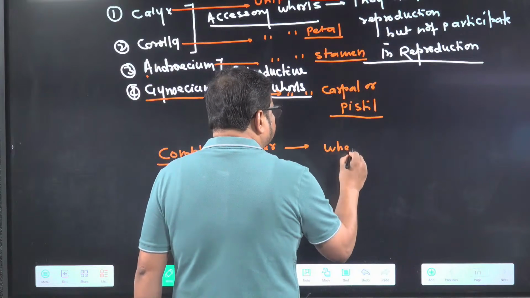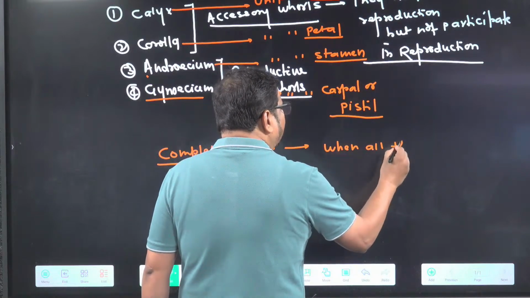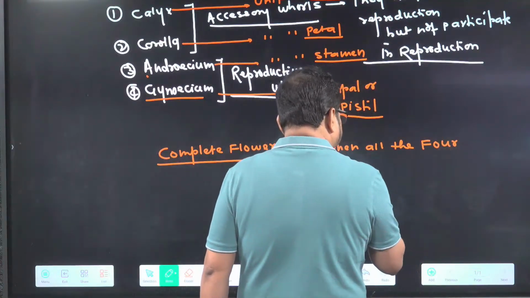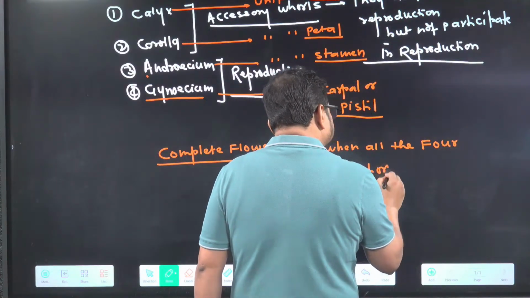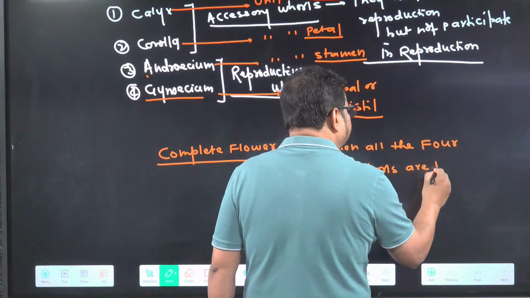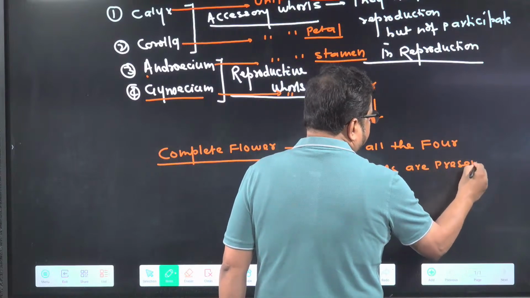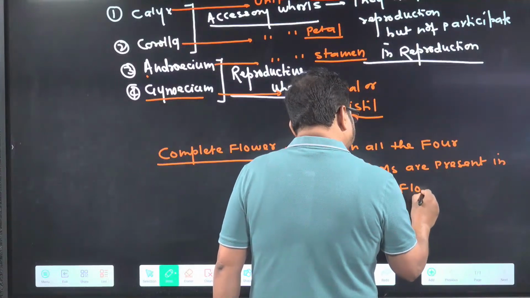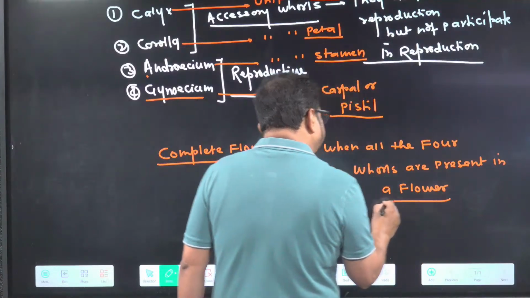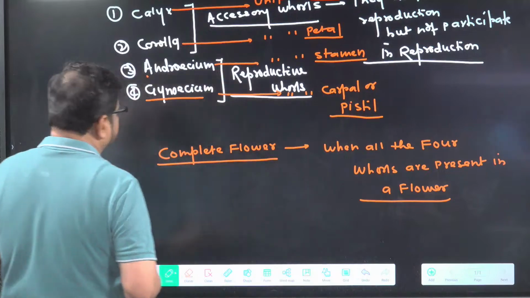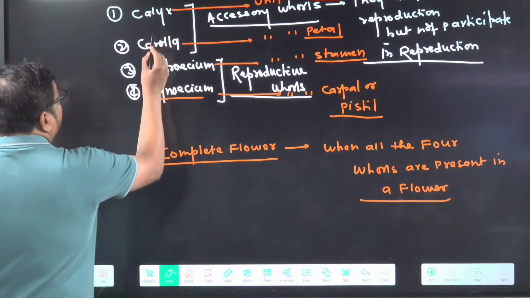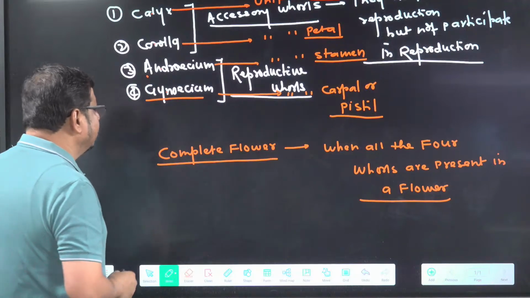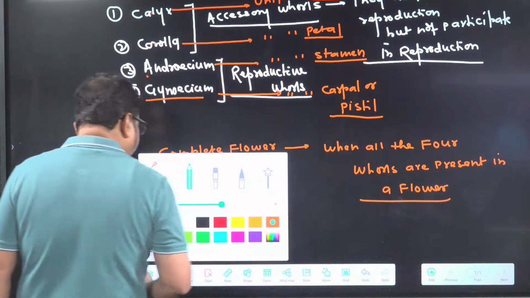When all the 4 whorls are present in a flower, it is called a complete flower. Means such a flower in which calyx, corolla, androecium and gynoecium all are there. Such a kind of flower is called a complete flower.